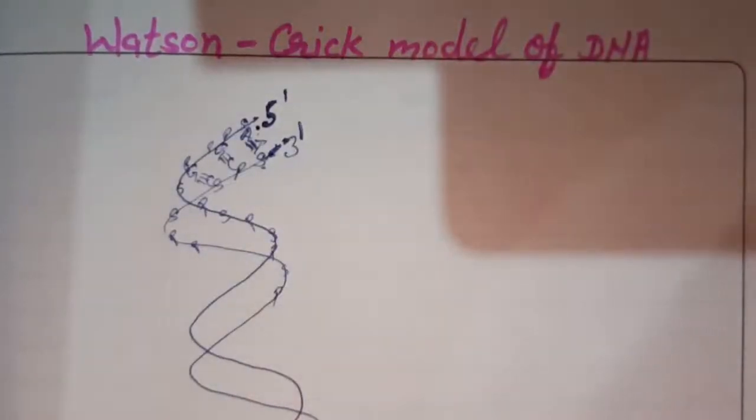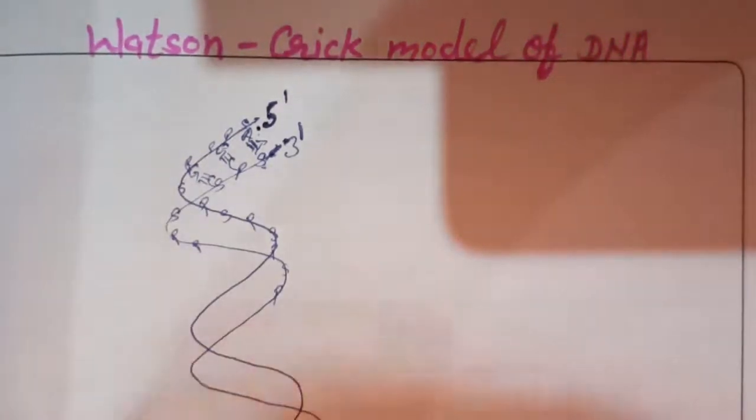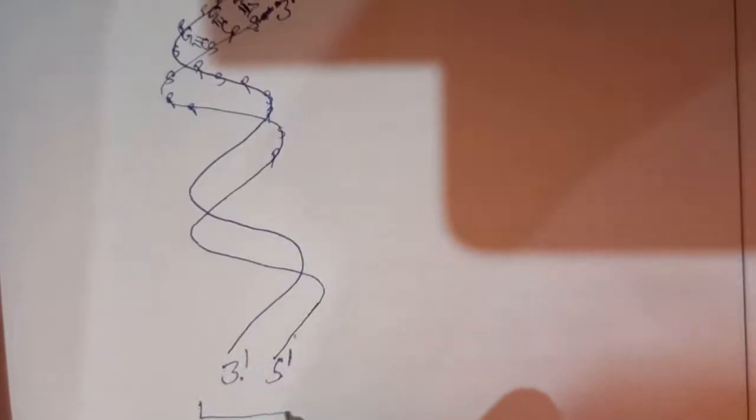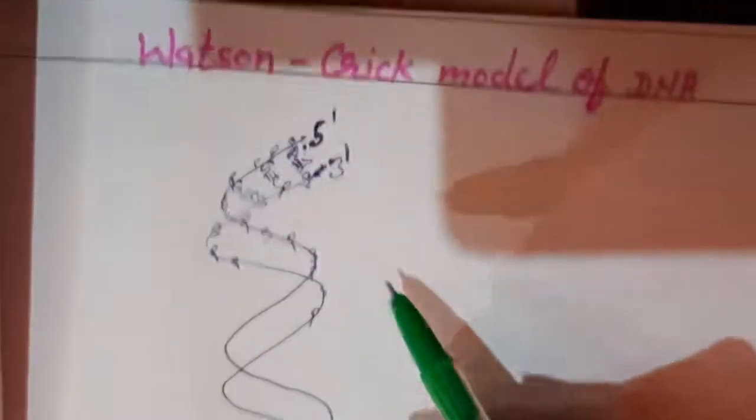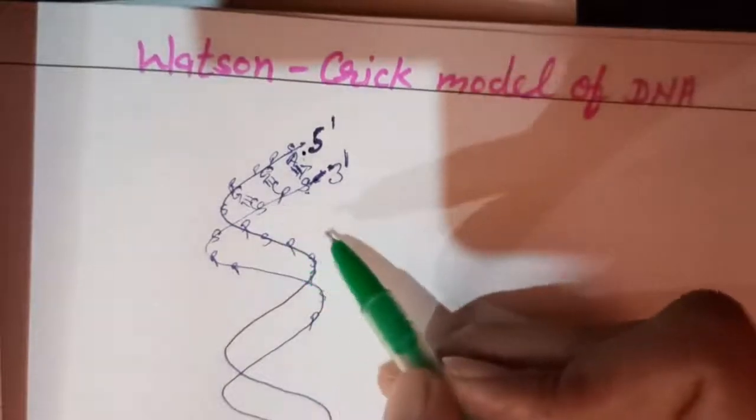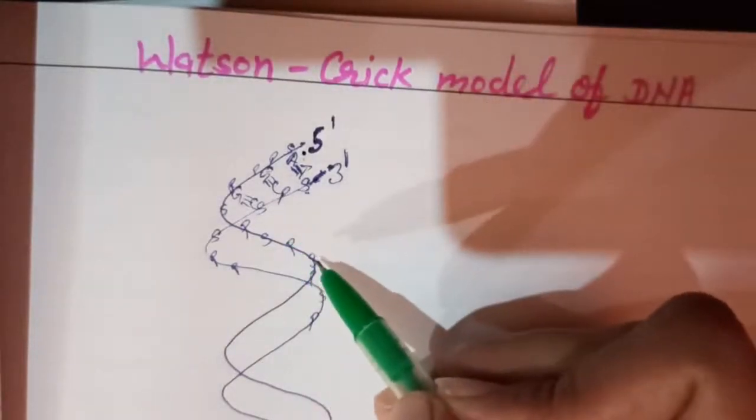Now next thing is that the total diameter of this double helical structure is 20 angstrom. One pitch is of 34 angstrom.